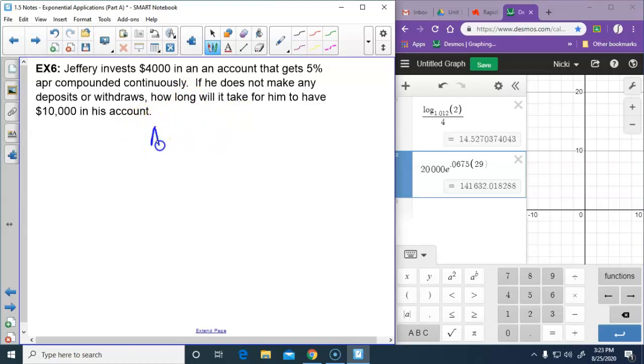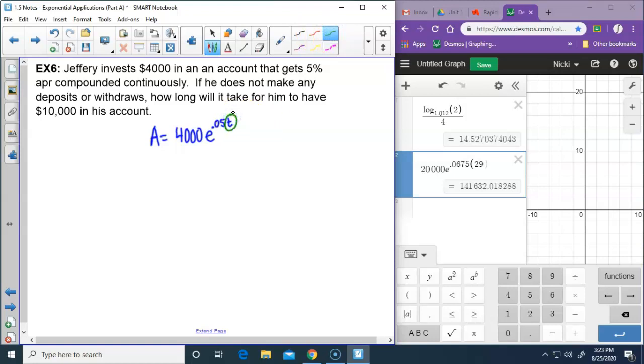So we're going to have A equals, our principal is $4,000, and we'll have e to the, our rate is 0.05 T. And our question here asks us how long it will take him until he has $10,000 in his account. So the thing that we're looking for here is that amount of time.